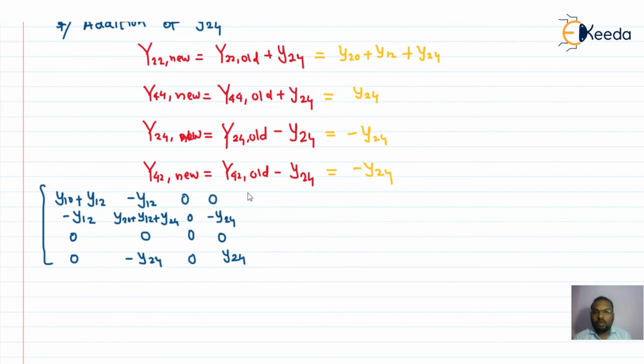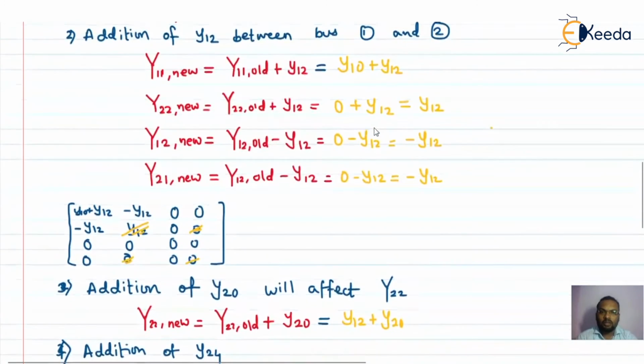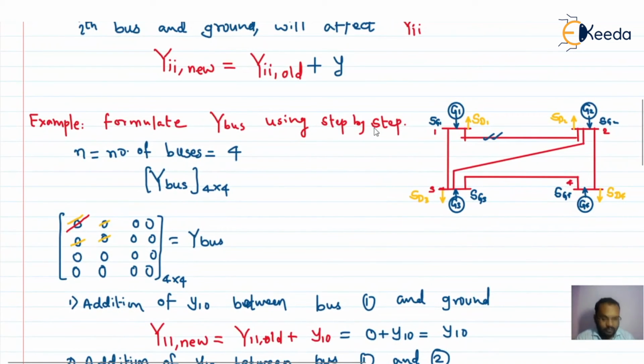Okay, so now we have considered only 4 elements. We have added only 4 elements, but we can add 5 more elements. Which elements have we considered? Let me mark them out here. We have considered this element, the element 1 2. We have considered the admittance between bus 1 and 0, and the admittance between 2 and 0.